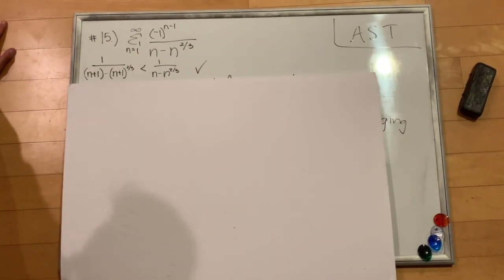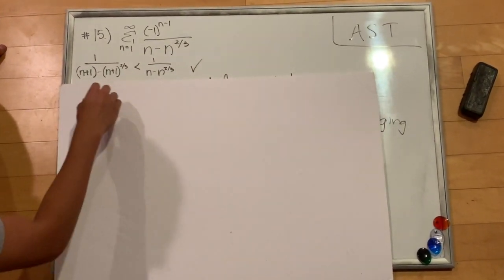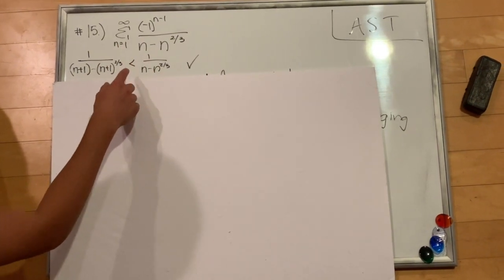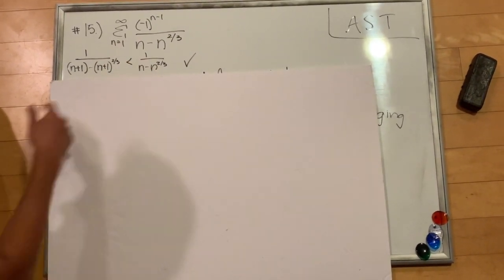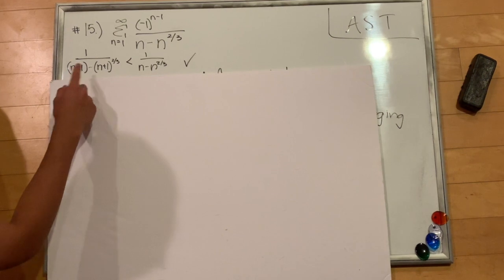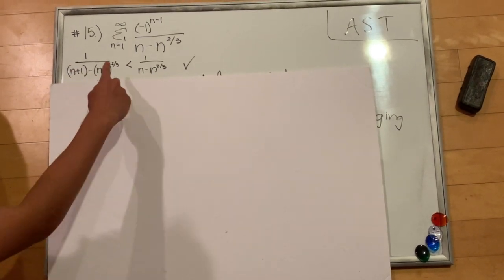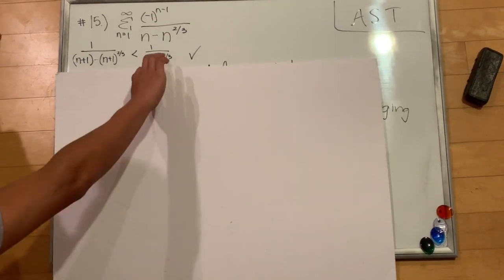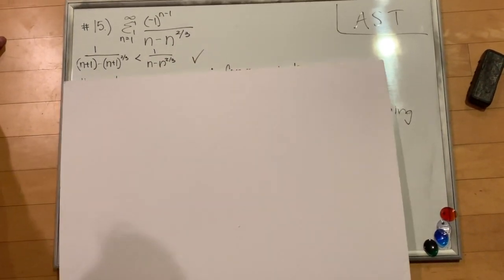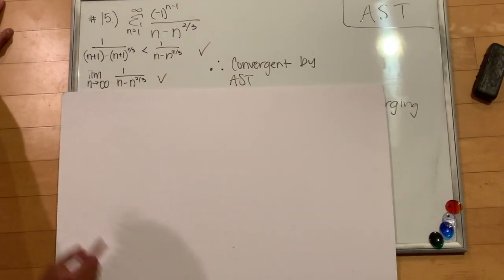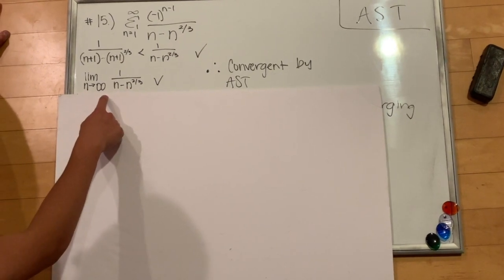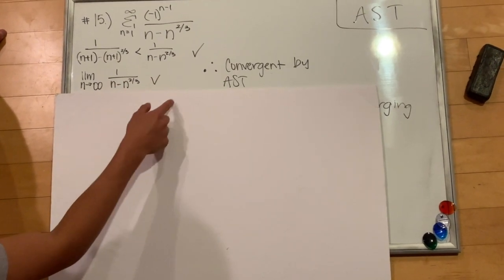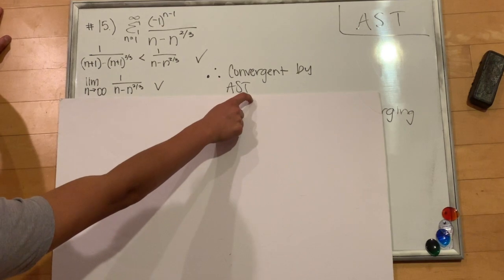The first thing we have to do is prove that the n plus 1 term is less than the original. So we have 1 over n plus 1 minus (n plus 1) to the 2/3 is less than 1 over n minus n to the 2/3. And that is true, so we have a little check there. Then we take the limit as n approaches infinity, and if that equals 0, then that is convergent by AST.